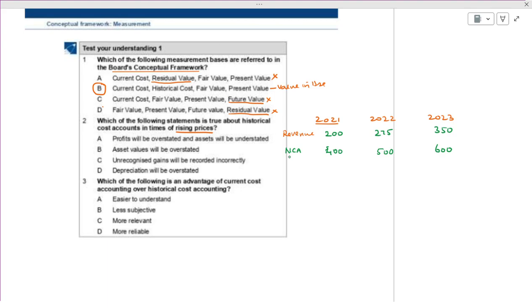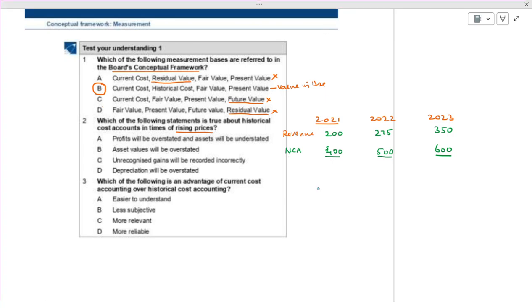Is it right? Now, what happens when the prices are increasing? This is 600, this is 500, this is 400. A 400 asset is there. We are going to show it, assume.